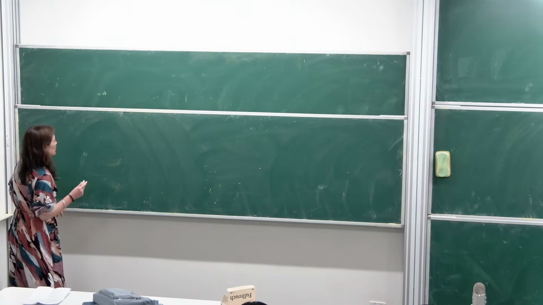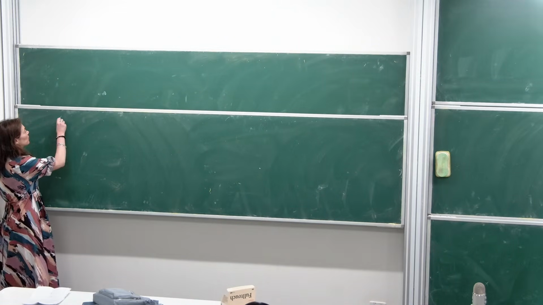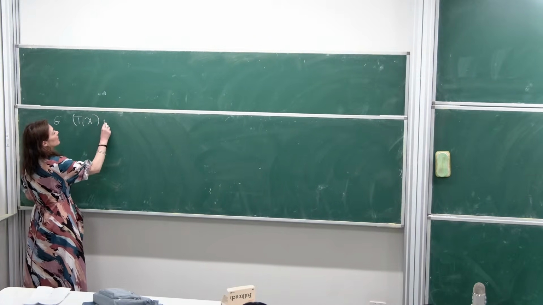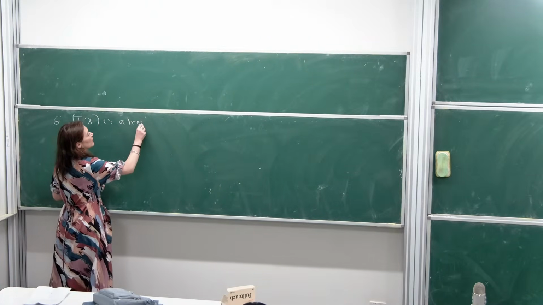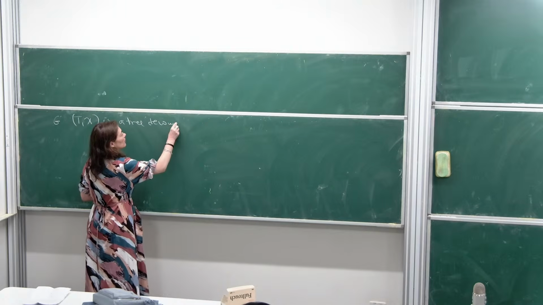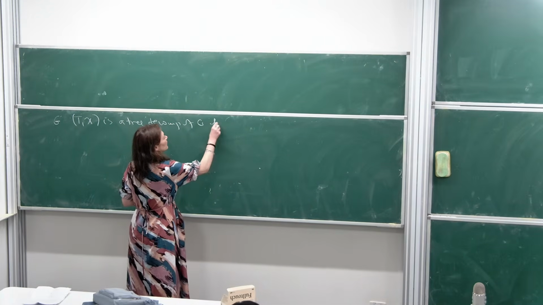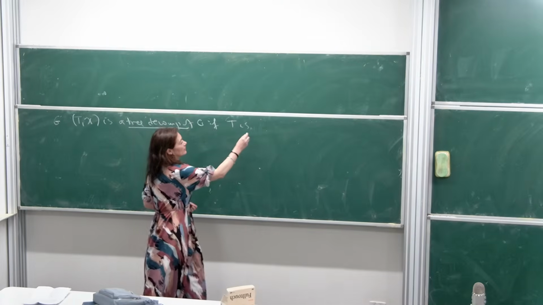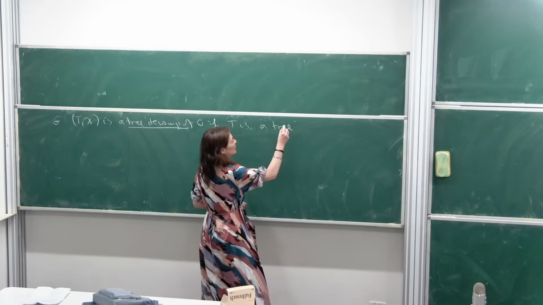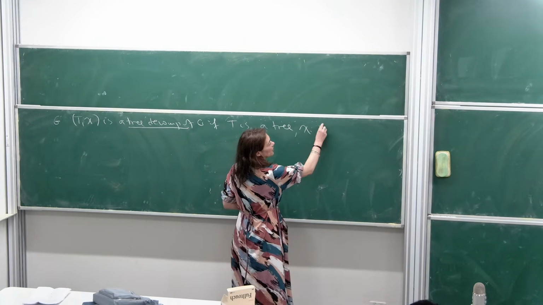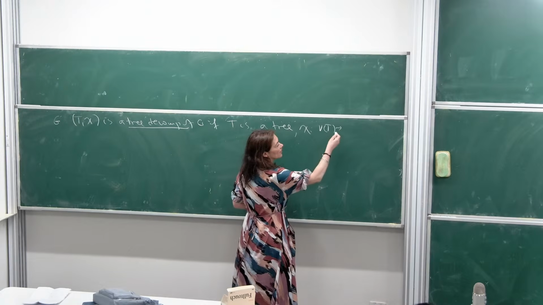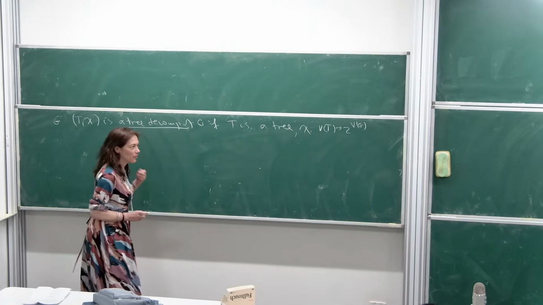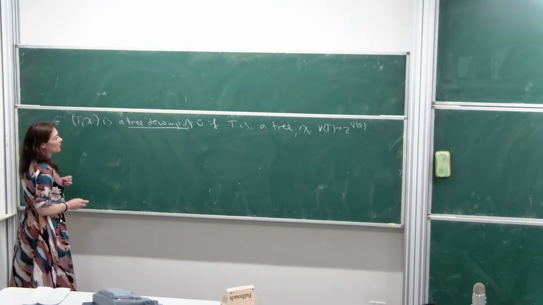So just to remind you, a tree decomposition of a graph G is a pair (T, chi), where T is a tree and chi is a function from the vertices of T to subsets of vertices of G, and there are some rules.